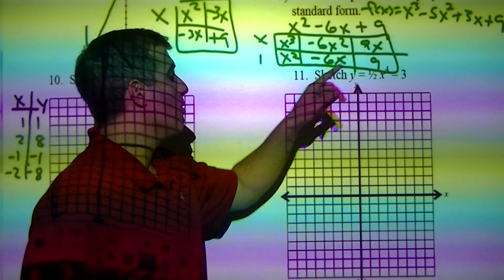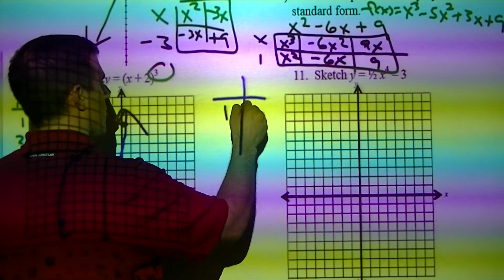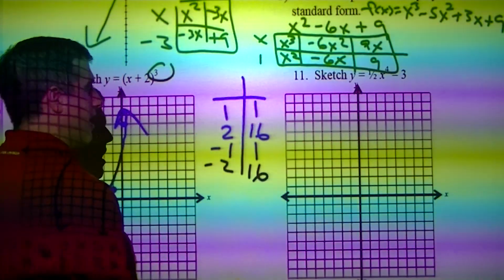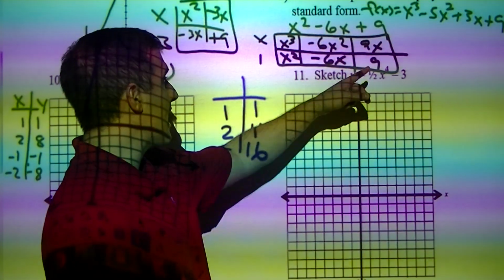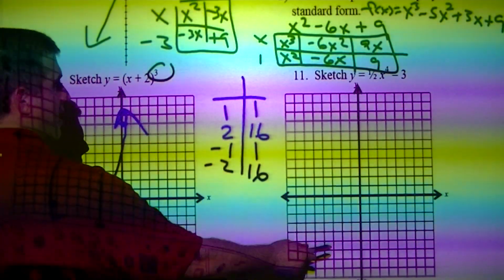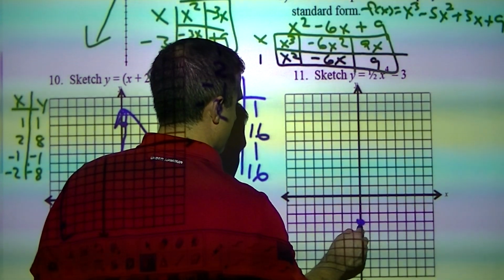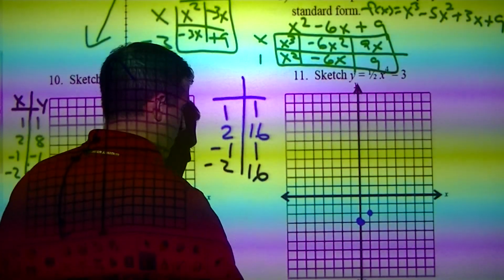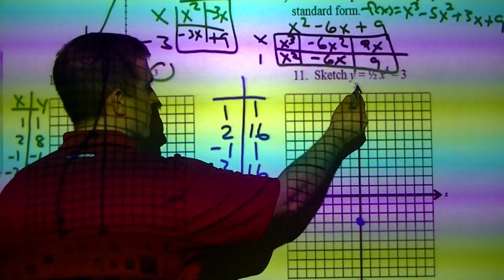For the one with the fourth root, my points are 1, 1, 2, 16, negative 1, 1, negative 2, 16. If you need help with that, type those into the calculator. Be careful with the negative 1. That's going to produce a positive result. Now my anchor point here is 0, negative 3. So from here I'm right 1, up 1. Okay? Actually, hold on one second. I forgot about the 1/2.